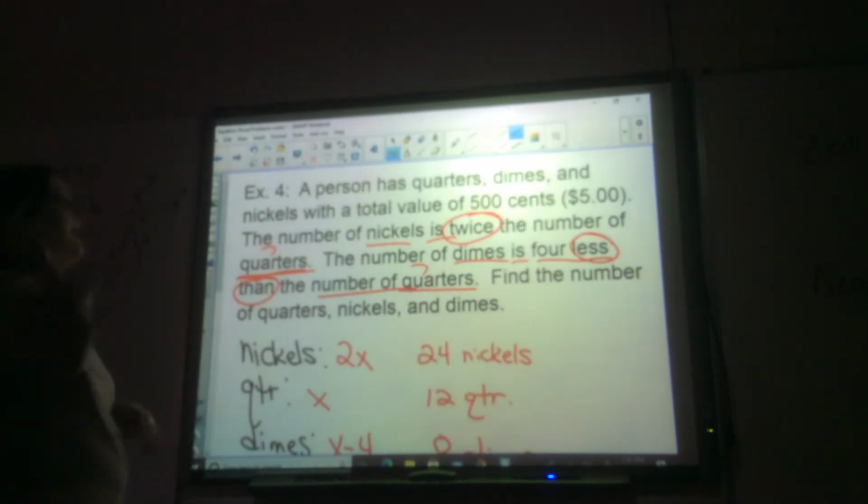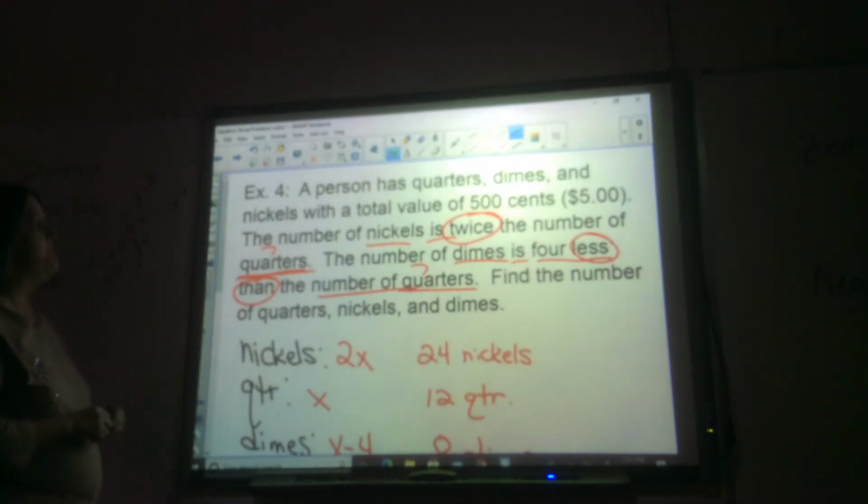A person has quarters, dimes, and nickels with a total value of 500 cents, which is $5. The number of nickels is twice the number of quarters. The number of dimes is 4 less than the number of quarters. Find the number of quarters, nickels, and dimes. Remember what I told you on the problem prior to this.